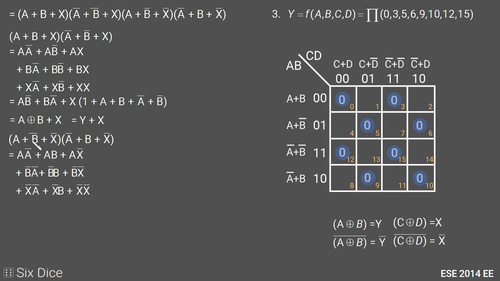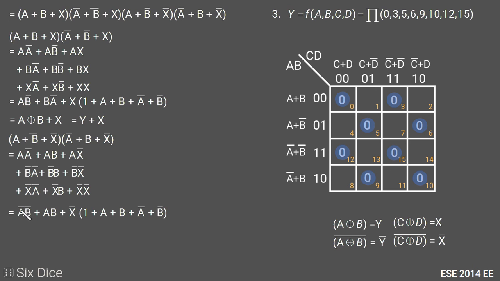Now after simplification of the second two brackets, a bar into a will go 0, b bar into b will go 0, and x bar into x bar will become single x bar, and we will take x bar common from this term, this term, this term, this term and this term.